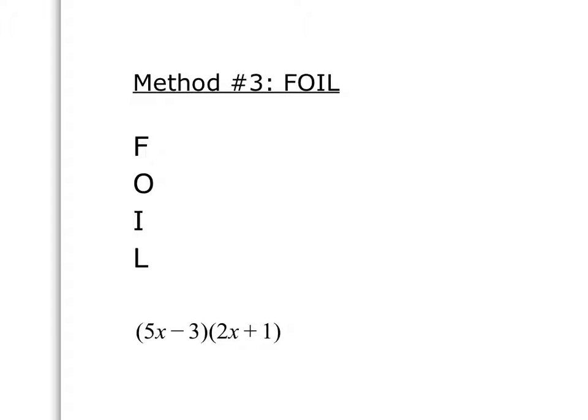So F stands for the first two terms. So you multiply the first two terms together. And I'm going to show you what all this means and give you an example in just a moment.